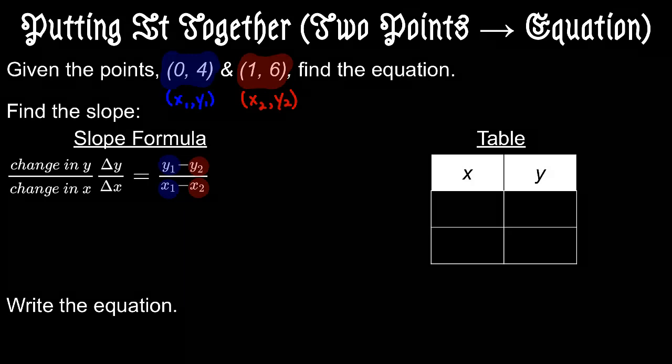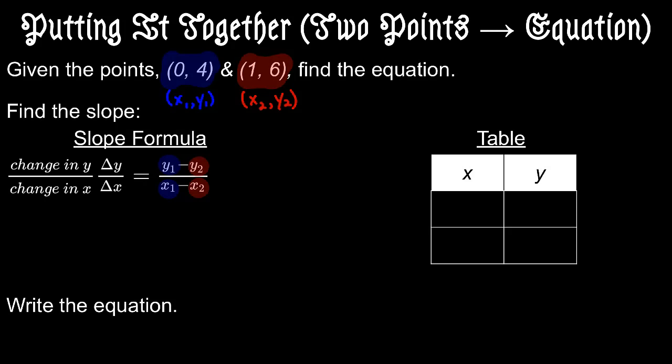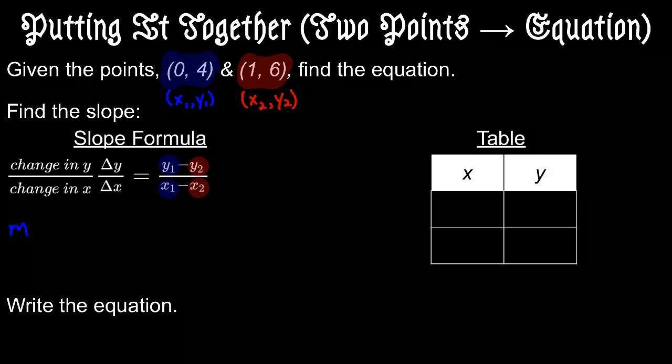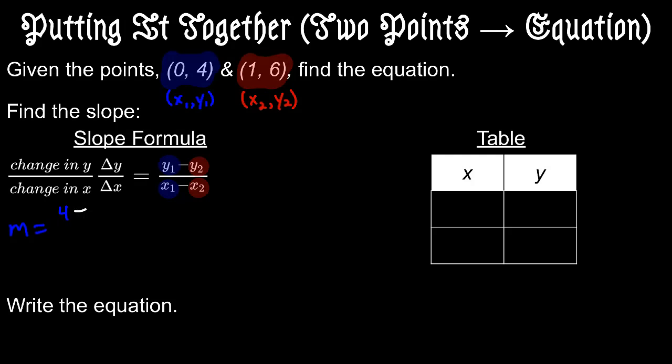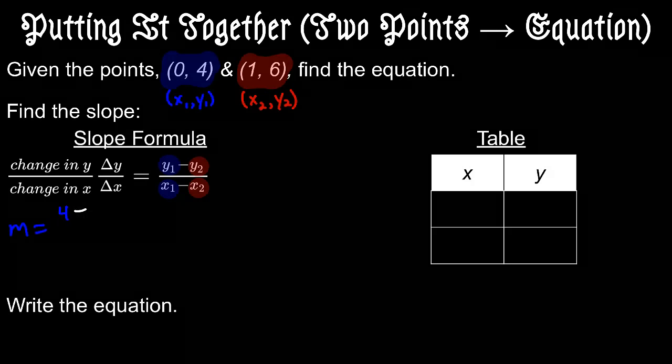So we're going to calculate the slope here. That's what we're doing, slope. So our y1 is 4. And we're going to subtract from that our y2, which is 6.